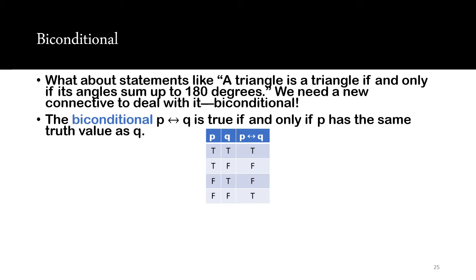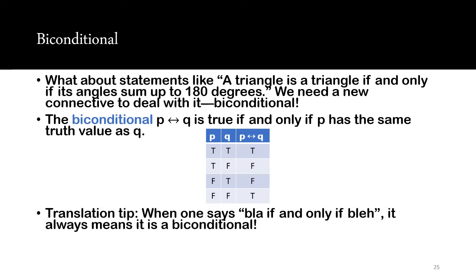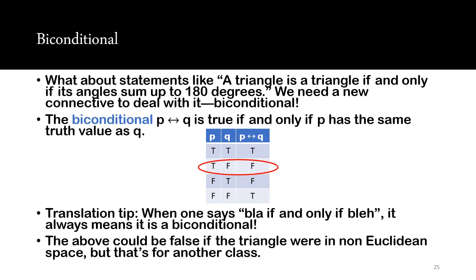When they're different, it's false. When someone says if and only if, it always means there's a biconditional there. No doubt about it. Though the above could be false if the triangle were in non-Euclidean space, but that's for another class later.